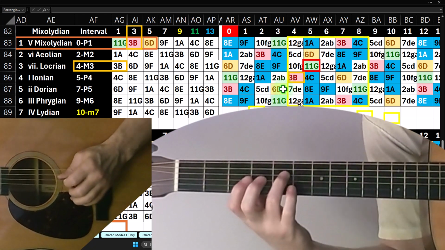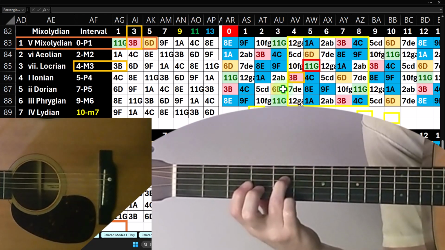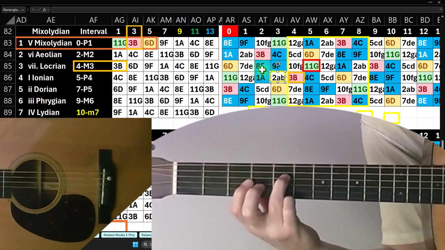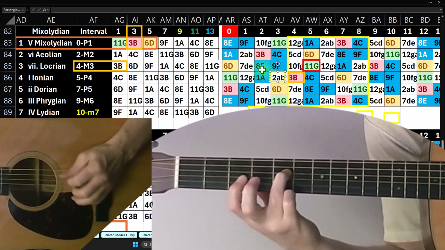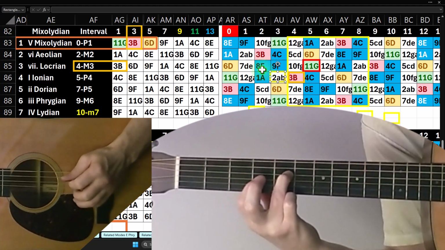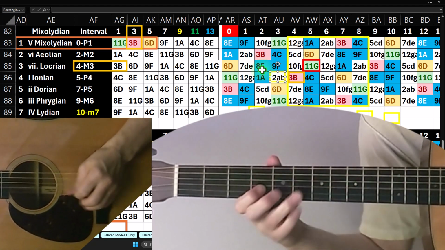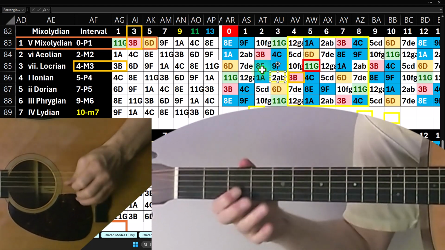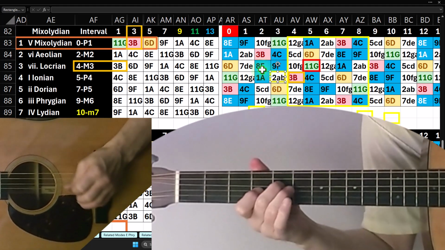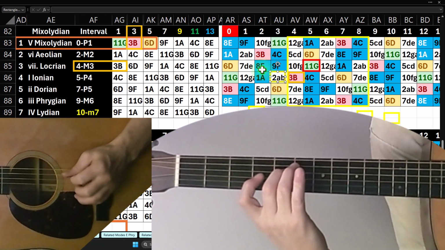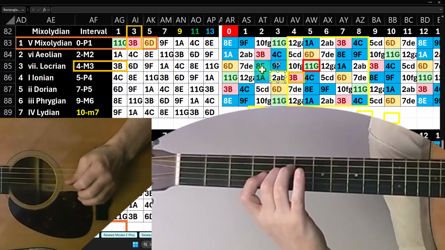So now you can do this kind of thing. Maybe I could slide up from here to here. And the question would be, should I do it with this finger, or this finger?